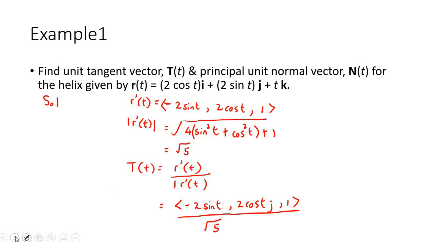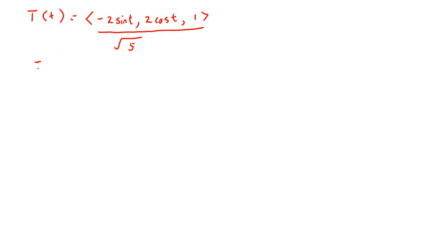Now we would like to find N(t). The unit tangent vector that we found just now is T(t), which is negative 2 sin t i plus 2 cos t j plus 1 k, divided by the square root of 5. To find T'(t), we differentiate each component. Negative 2 sin t becomes negative 2 cos t.